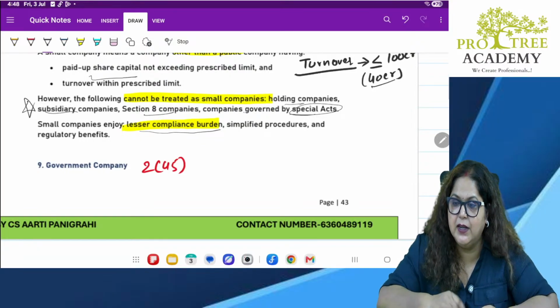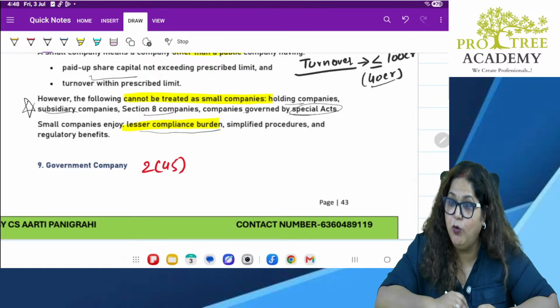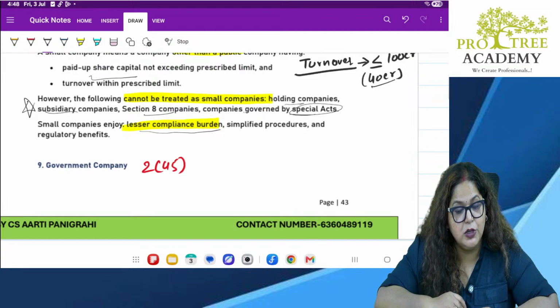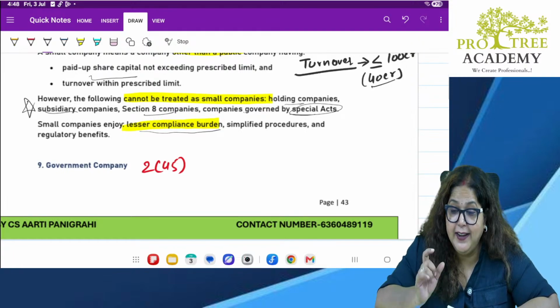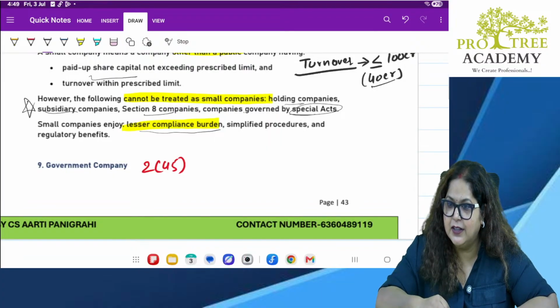What is compliance burden? Yes, Namrata, what is compliance burden? Compliances are legal formalities imposed by regulators. Who are the regulators?